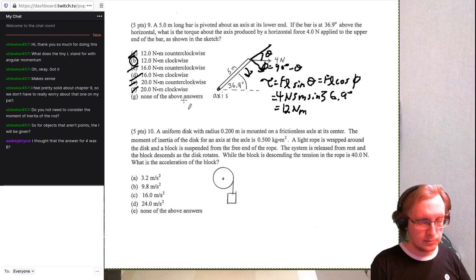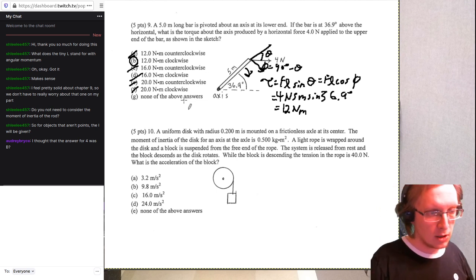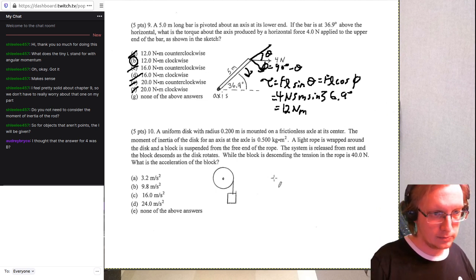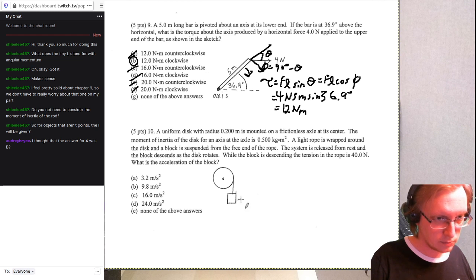Okay, let's see here. I believe that this is going to turn out to be a force question. So we have mg down, tension up, which means we end up with a tension going this way.